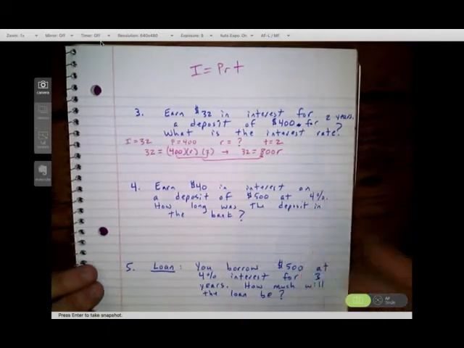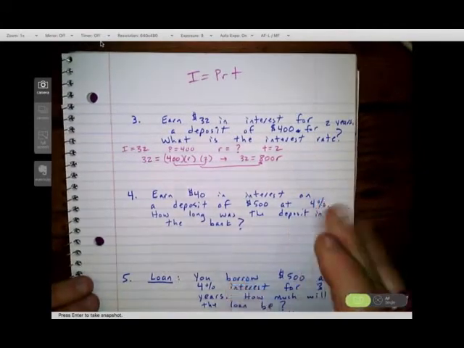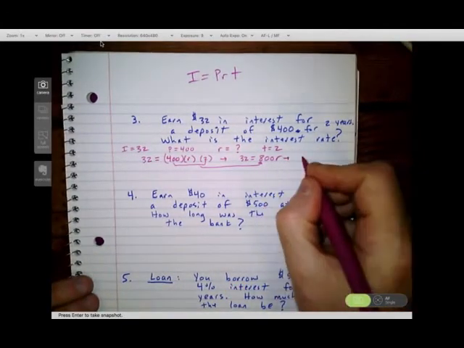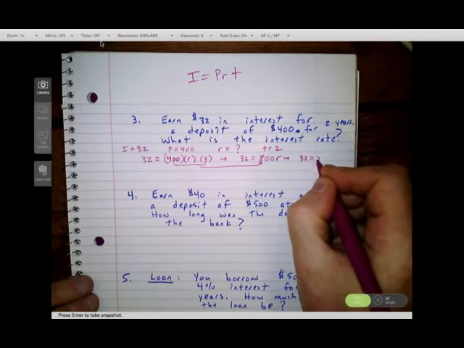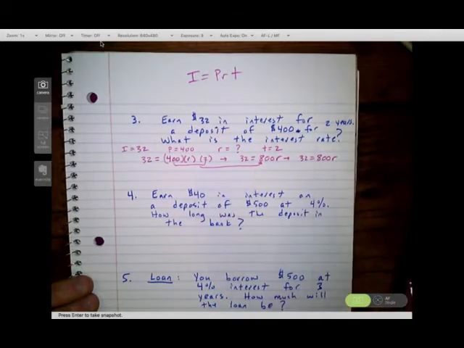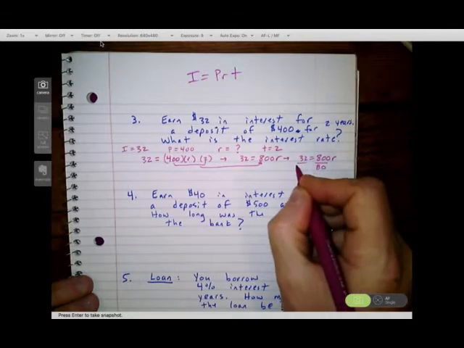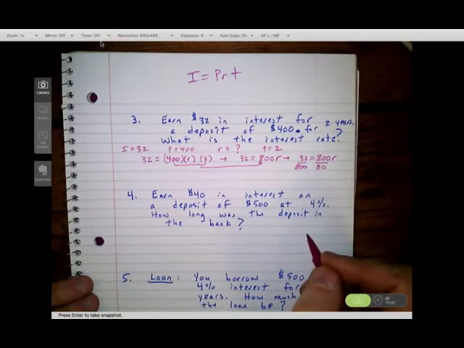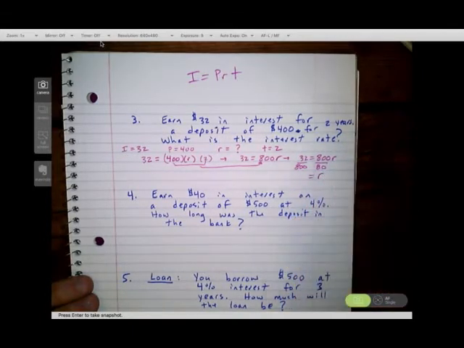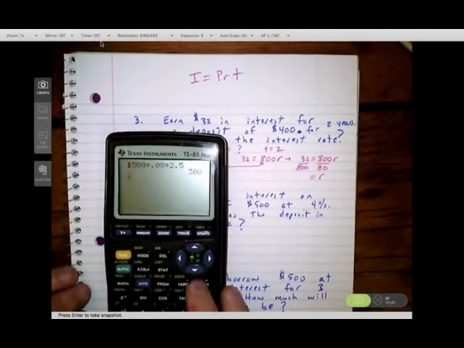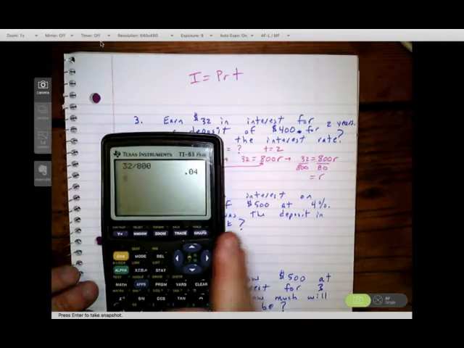Okay? So now what I need to do is solve this thing. Let me rewrite it over here a tiny bit. So 32 equals 800R, just so I can write underneath it, because to solve for R I need to divide by 800. Okay? So that's going to give me that R equals, I'm going to again use the calculator. So 32 divided by 800 is 0.04.